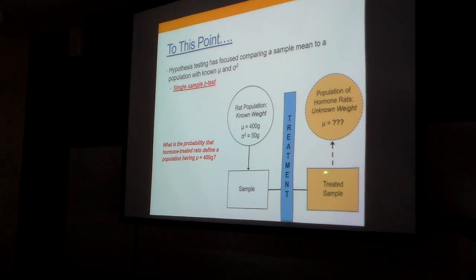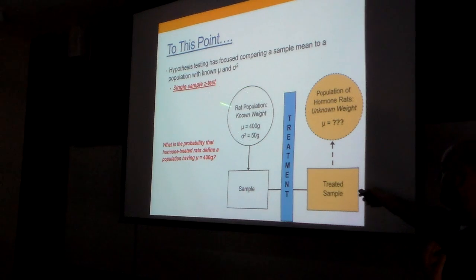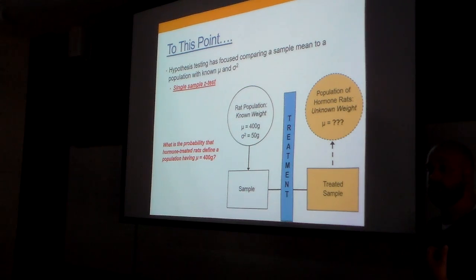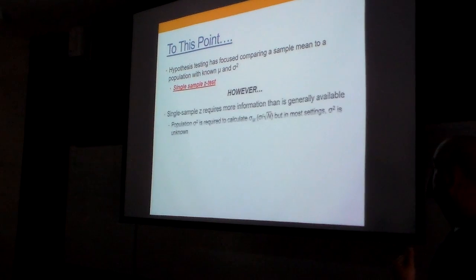Based on the characteristics I find here, what inferences can I make about the population of treated rats relative to these known population parameters? People sticking with that? Yep, okay.